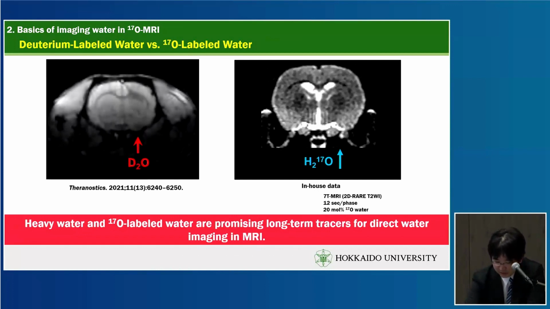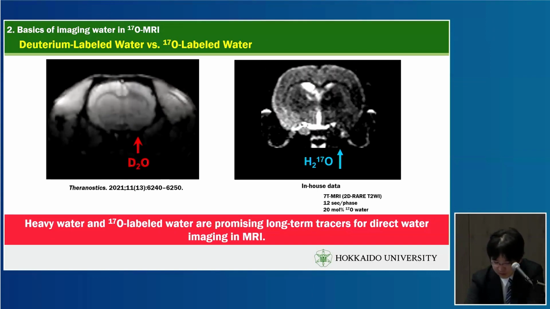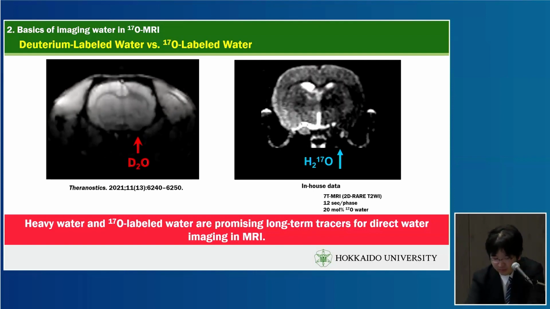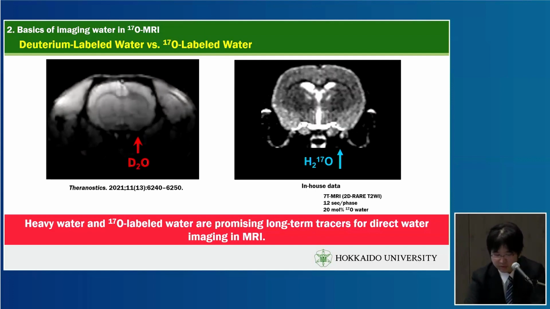Both are stable isotope labeled tracers suitable for long-term direct water imaging with MRI, but we believe that O17 water may be more preferable for use in humans because of fewer biological effects than deuterium water.